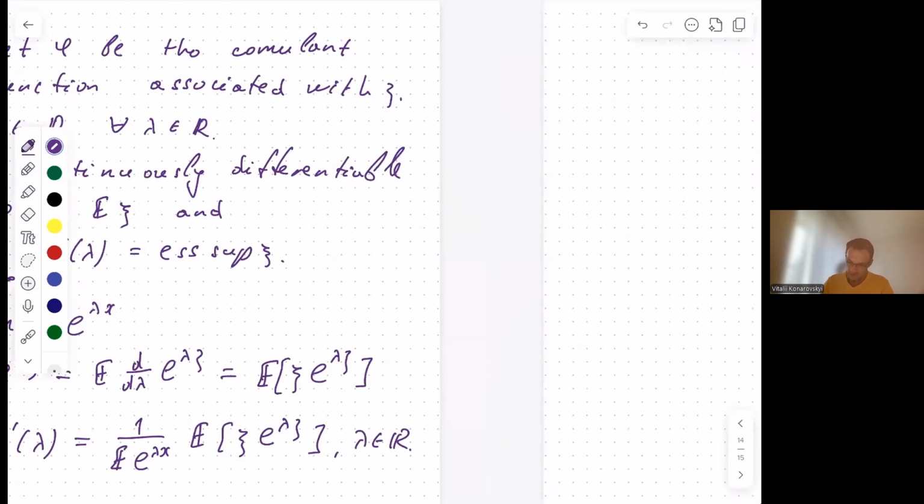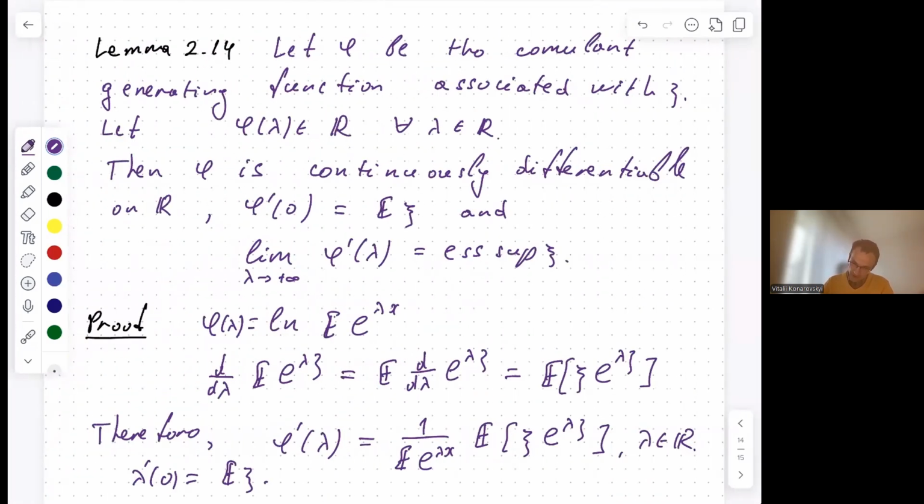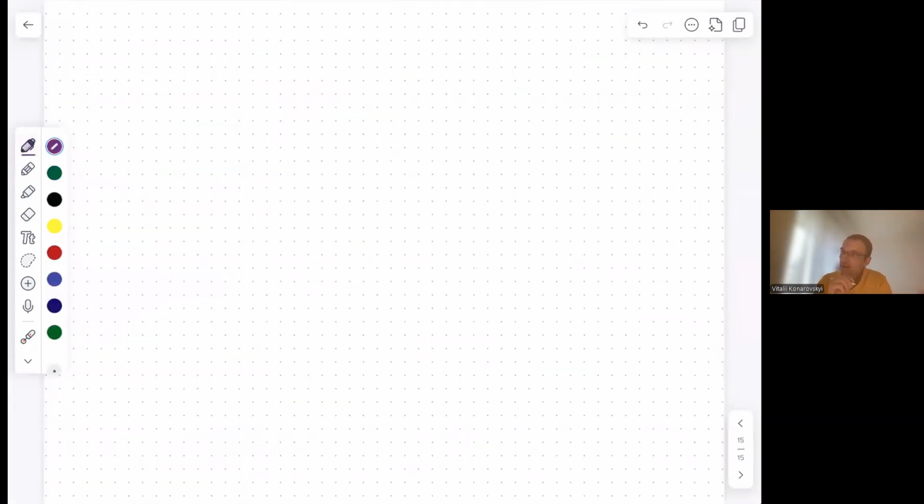And the last, we need to compute the limit as lambda goes to infinity, and we will also use that formula to make the conclusion that this converges to the essential supremum, or supremum, of the random variable xi. Let me denote the essential supremum by beta.